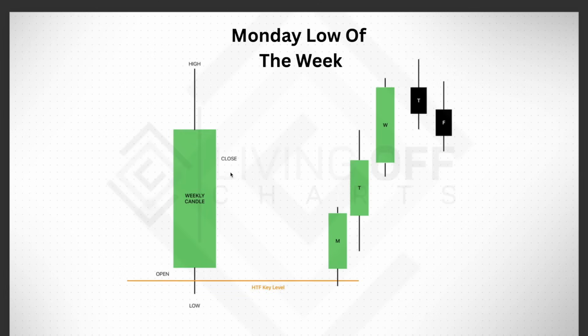All right, so here's the first weekly profile we're going to be looking at. This is the weekly candle, and these are the 5 days that make up the weekly candle. When we have a Monday low of the week, which is actually very common in NASDAQ and S&P, we're going to see Monday hit a hard time frame key level. This key level is always going to be a H4 time frame or higher, right?